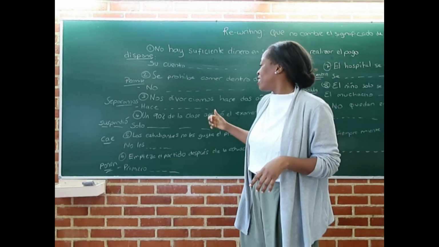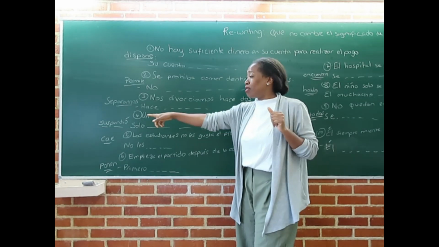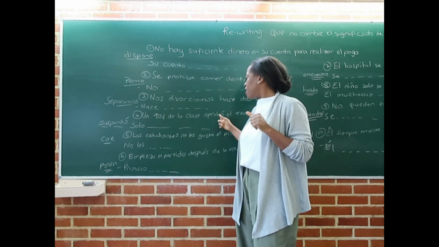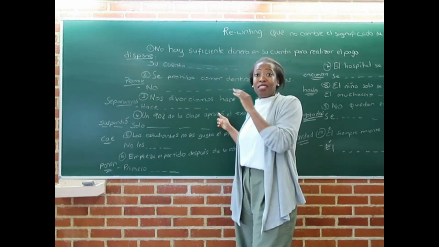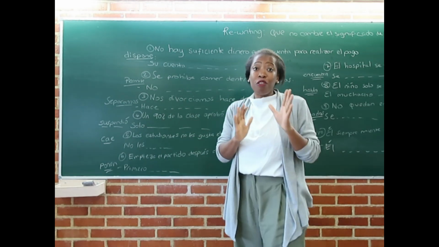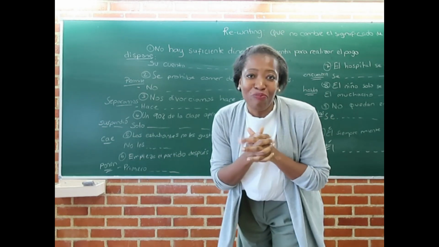You don't have to repeat the same verb. You can use the opposite of that word, which is the case here. Suspendió. Remember, aprobar is to pass, and suspender is to fail. So, what should this sentence be?